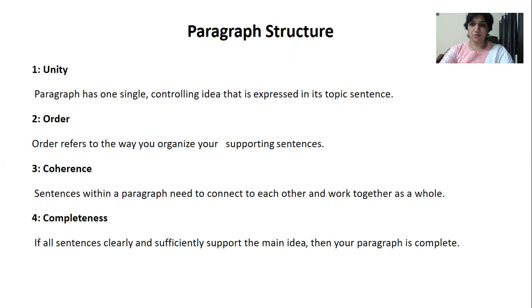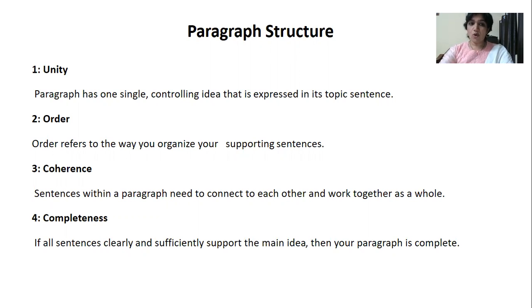It should support the topic sentence. In order, you can also note that you always organize your ideas. An idea which is more supportive of the topic sentence can be put forth in the first place, and then you can go on with the other ideas. So you need to organize and put it in order when you write a paragraph.